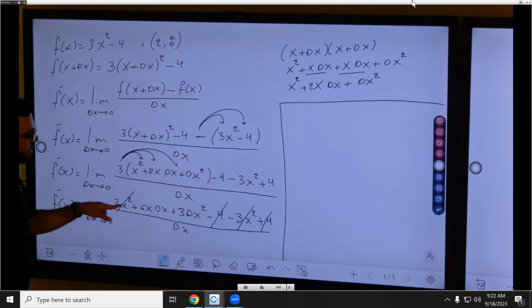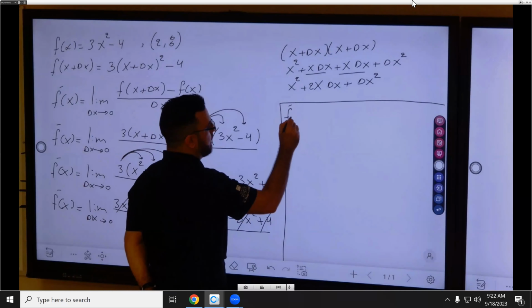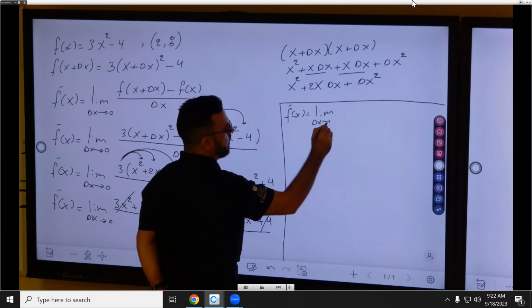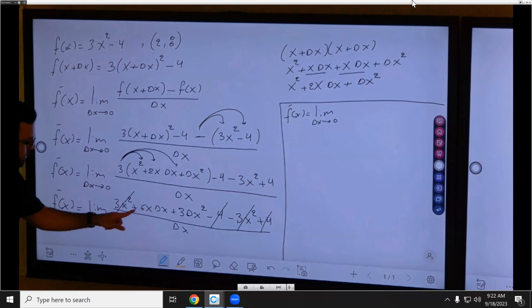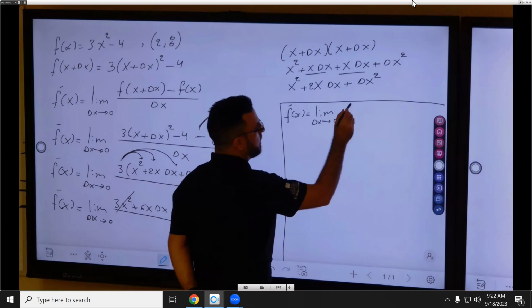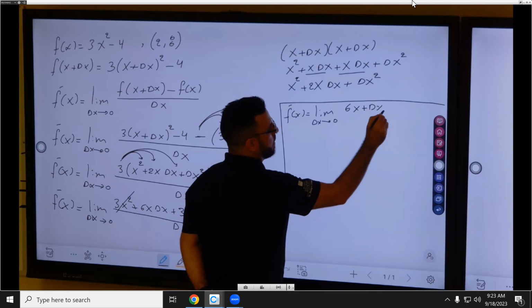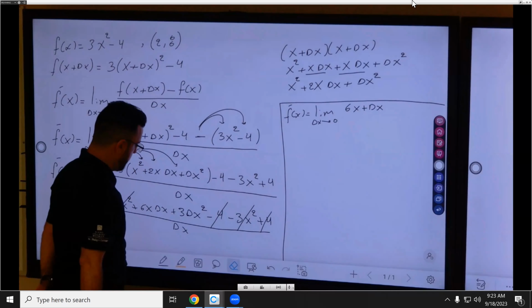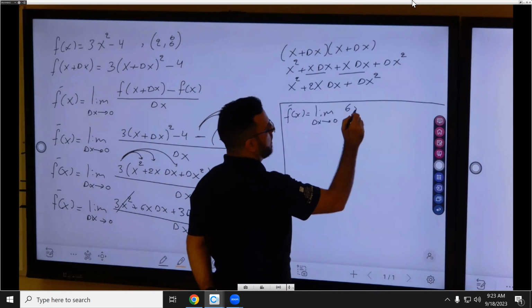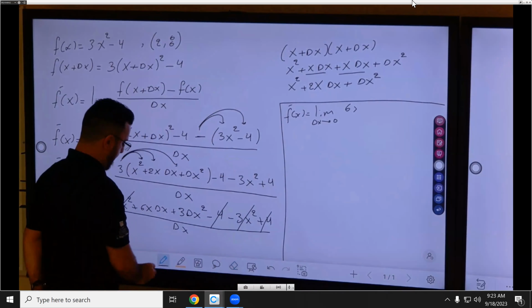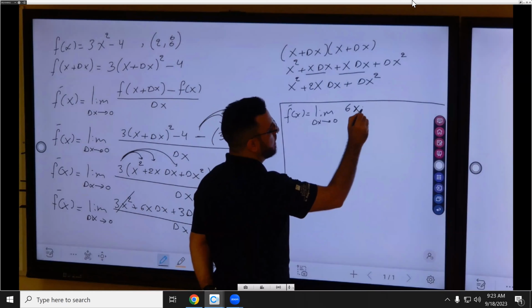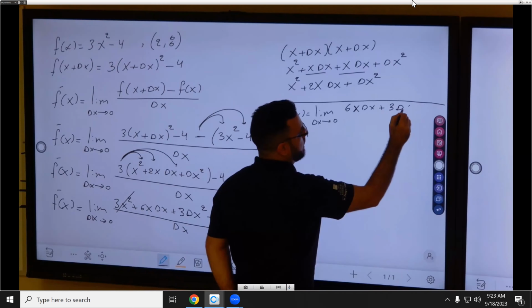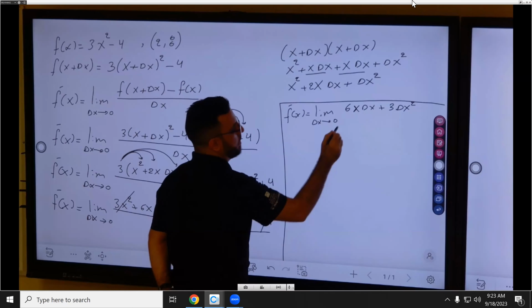The next step is going to be the slope equals the limit as delta x approaches 0 of 6x delta x plus 3 delta x squared, divided by delta x.